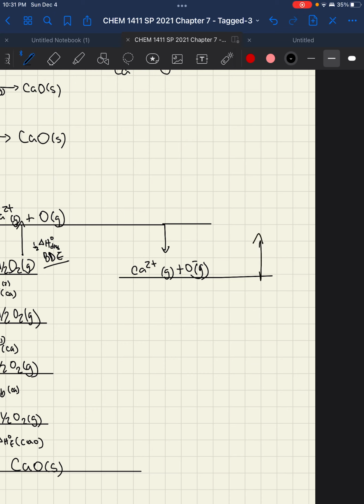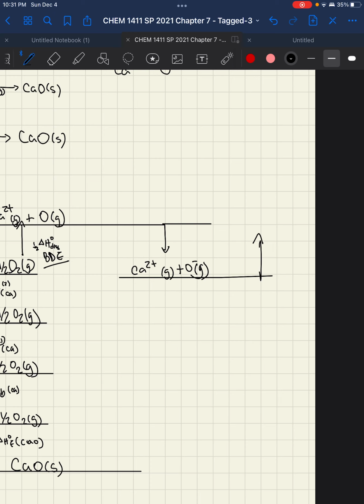It's because it's like adding an electron to an already negative ion. This requires energy, since you're adding an electron to an already negative ion, so there's going to be repulsion.